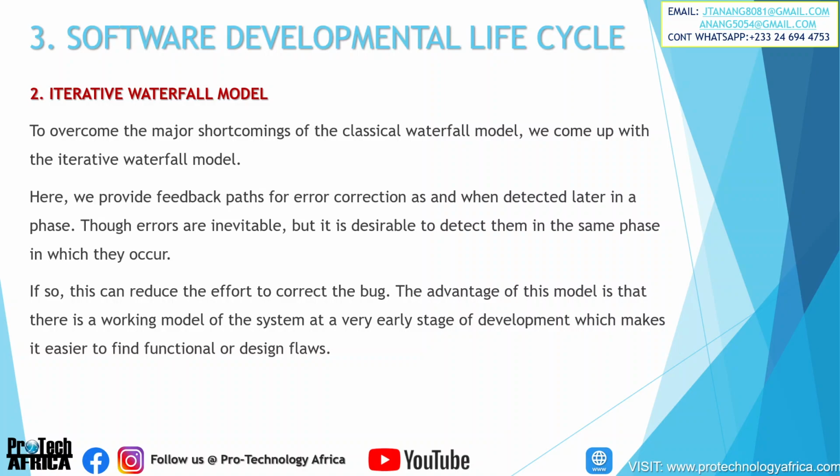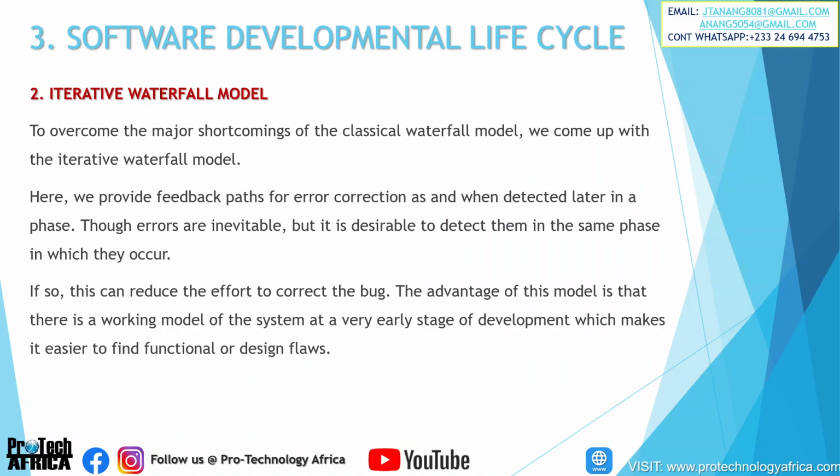to correct the bug. The advantage of this model is that there is a working model of the system at a very early stage of development, which makes it easier to find functional or design flaws.